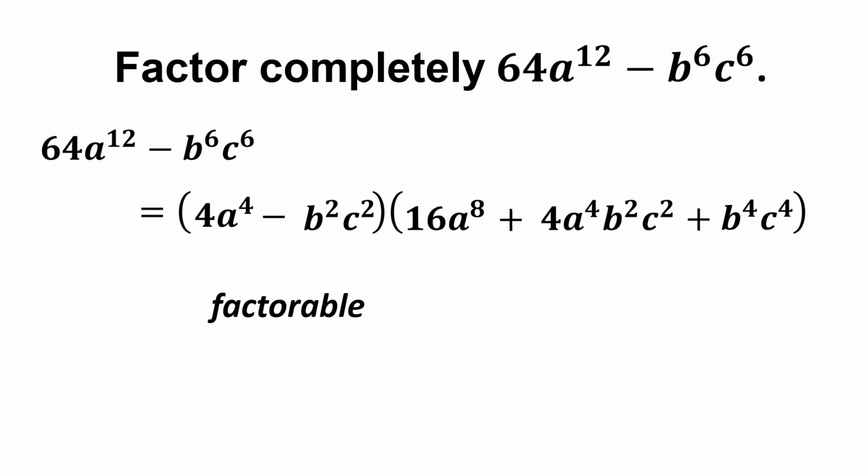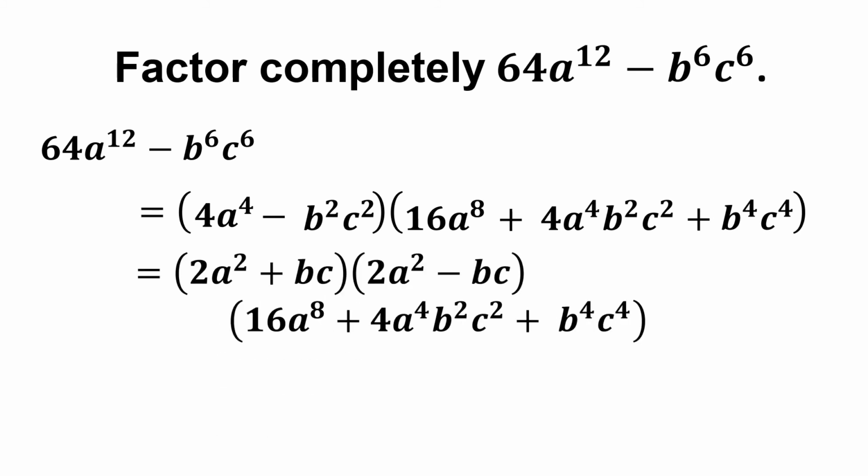Thus, the complete factorization of 64a to the 12 minus b to the 6 c to the 6 is the quantity 2a squared plus bc times the quantity 2a squared minus bc times the quantity 16a to the 8th plus 4a to the 4th b squared c squared plus b to the 4th c to the 4th.